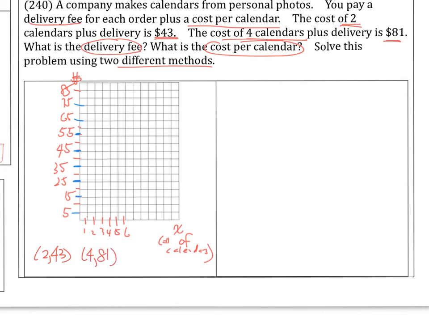And I can graph this. 2, 43 is about here, and 4, 81 about here.